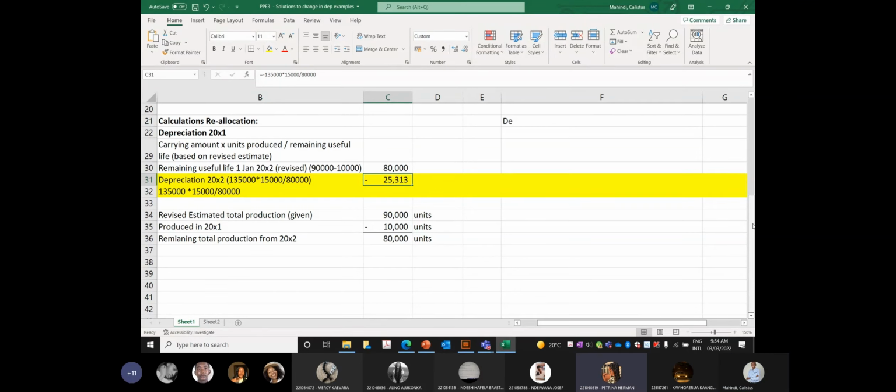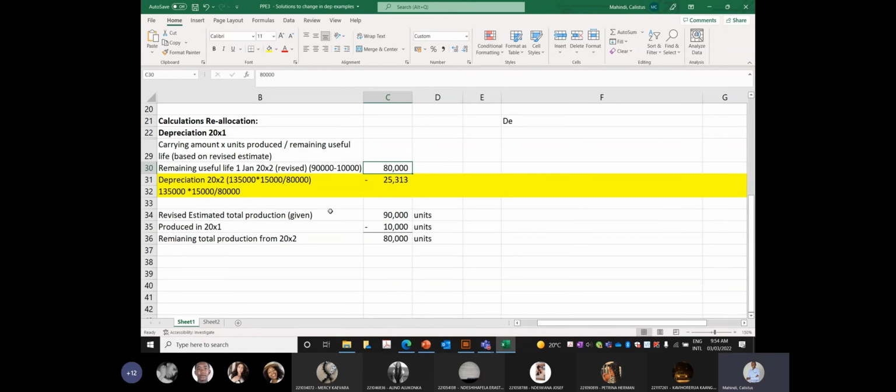Why didn't you use the 15,000 that was produced in 20X2? We did use the 15,000. What are you talking about? Oh, okay, I see.